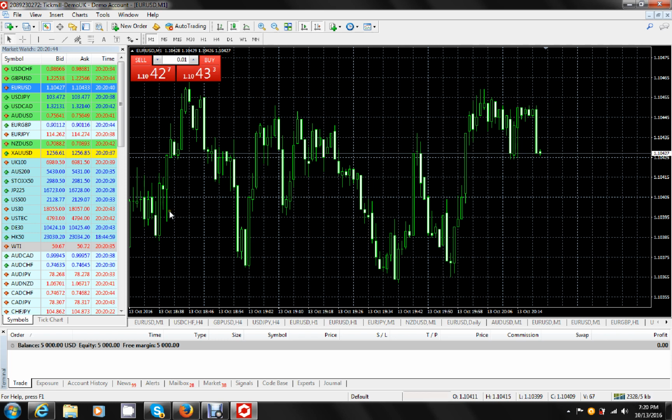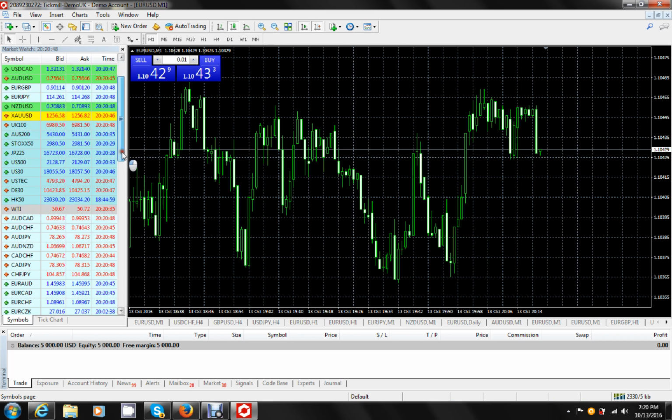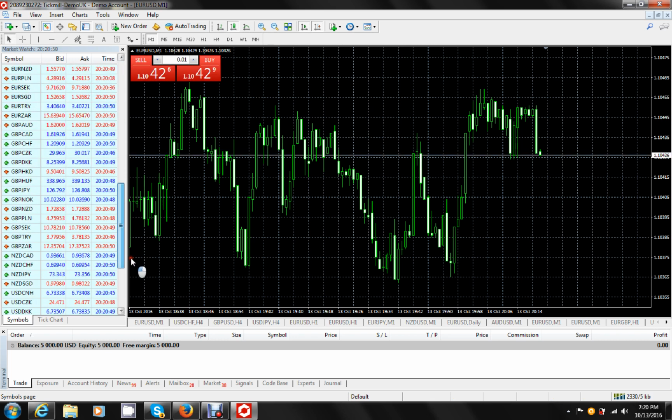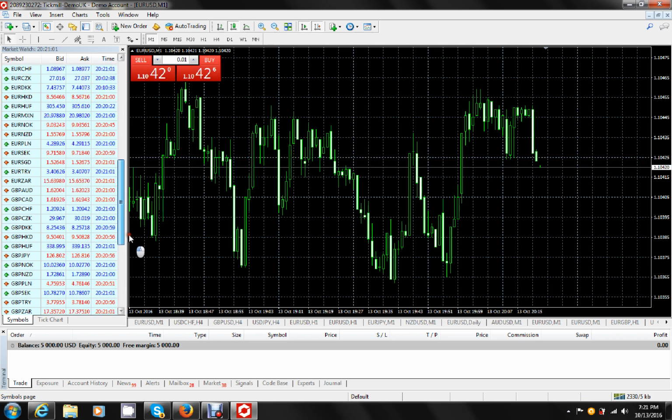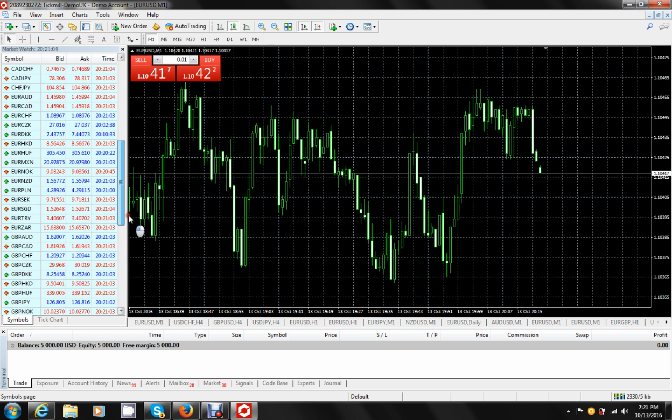So let me use the dollar against the ZAR to explain the graph, even though we don't trade the ZAR here, so that at least you can understand what is happening with the graph. What does it mean when the graph is going up and down like this? So I'm going to show you USD against the ZAR.